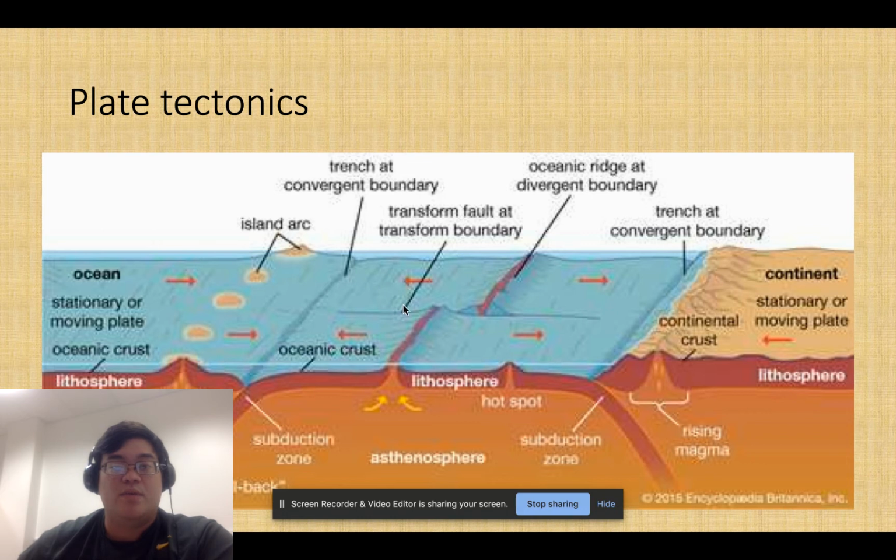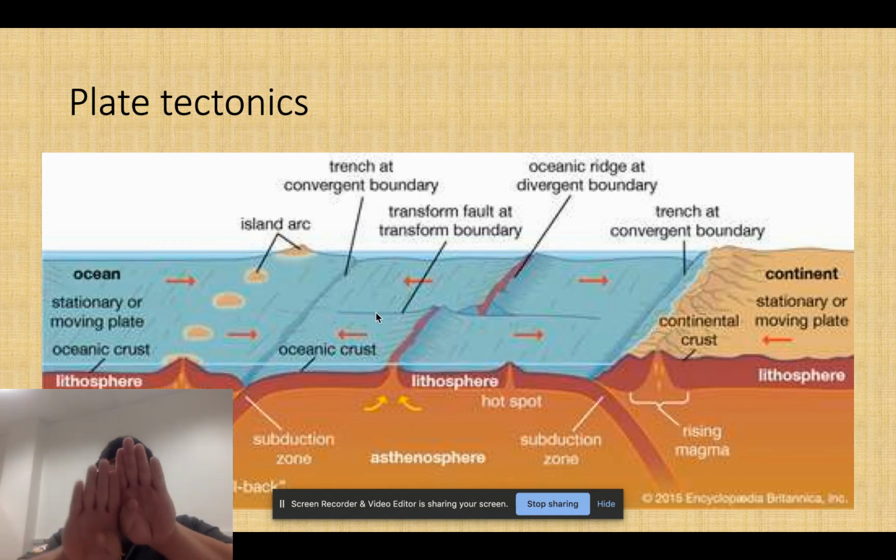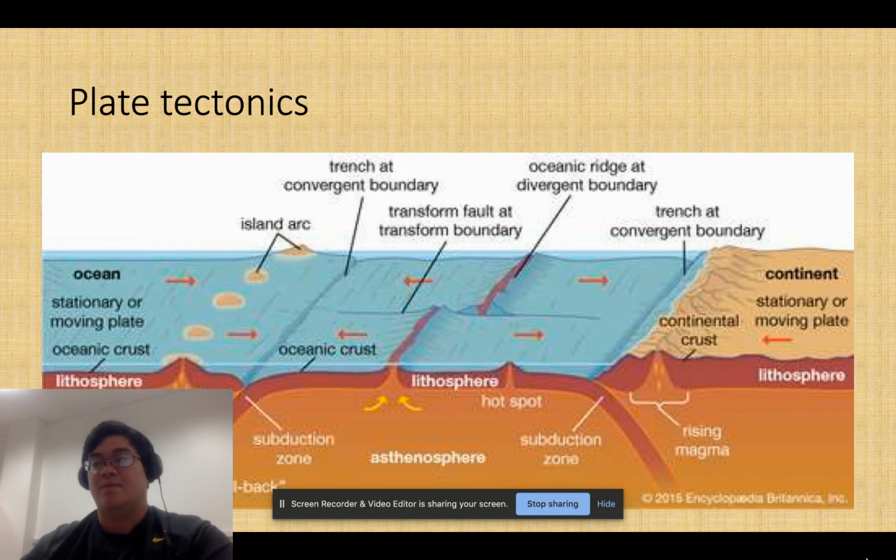And then something you may not notice is we have some plate movement along this line right here. And I know this picture is a little bit fuzzy, but this is what we call a transform plate boundary. Okay, it's basically where two parts of a plate or two parts of crust are moving against each other like this. Okay, and we'll do that with our cookies too.